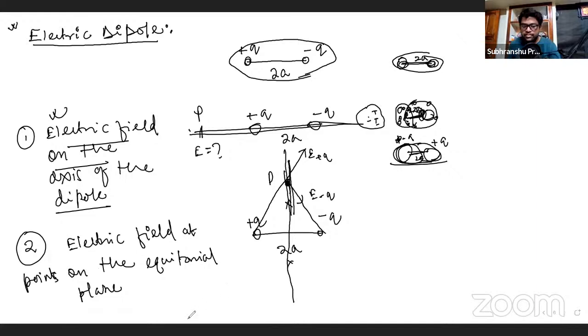Equatorial plane means the perpendicular bisector. In these five minutes we will discuss just the axial case. In the next class, we will discuss the equatorial case. So try to go through the NCERT book and derive it, and then we'll discuss it next class.